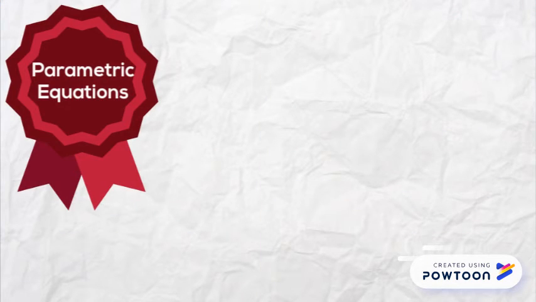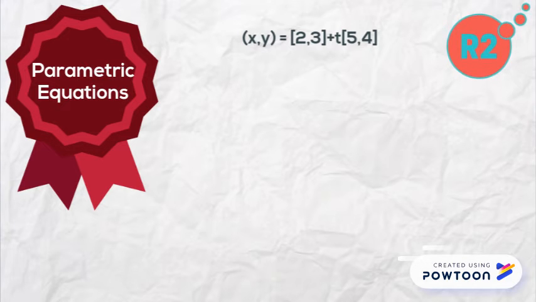So let's move on to parametric equations. Actually, the parametric equations form is the expanded form of the vector equation. Let's say we have (x, y) equals (2, 3) plus t multiplied by (5, 4) in R2. So we can write the parametric equations as x equals 2 plus 5t and y equals 3 plus 4t.